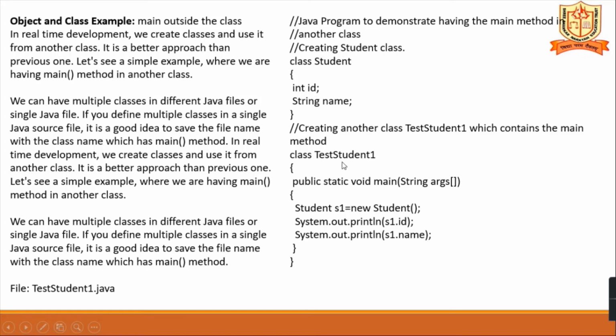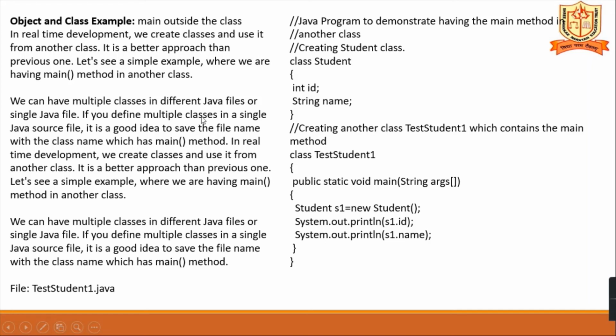Here two classes are there, and in the first class we are declaring the variables and the methods and implementing that. In the second class, the main method is there. We are creating the object of the previous class and then printing. See here, we can have multiple classes in different Java files or a single Java file.